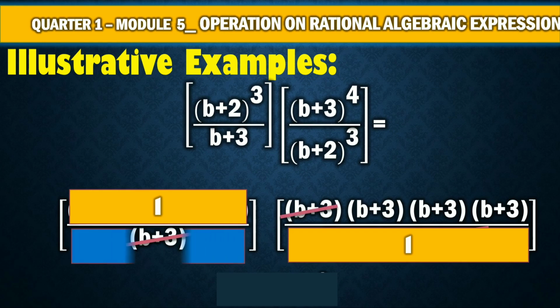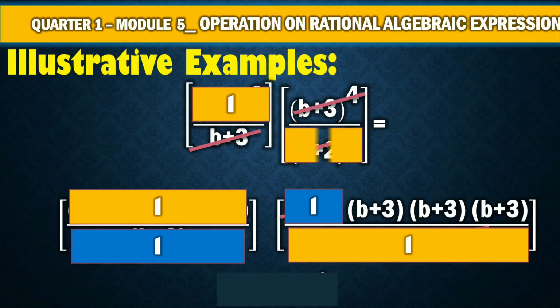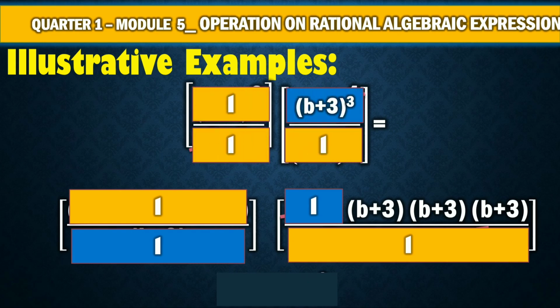So, that is also equal to 1. And let's multiply. So, 1 times 1 times the b plus 3 three times. So, that is equal to b plus 3 cubed. Power! Very good!